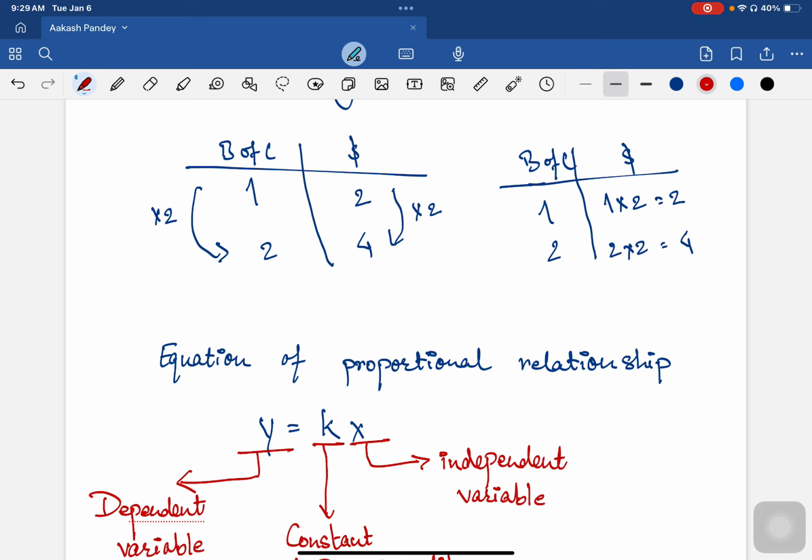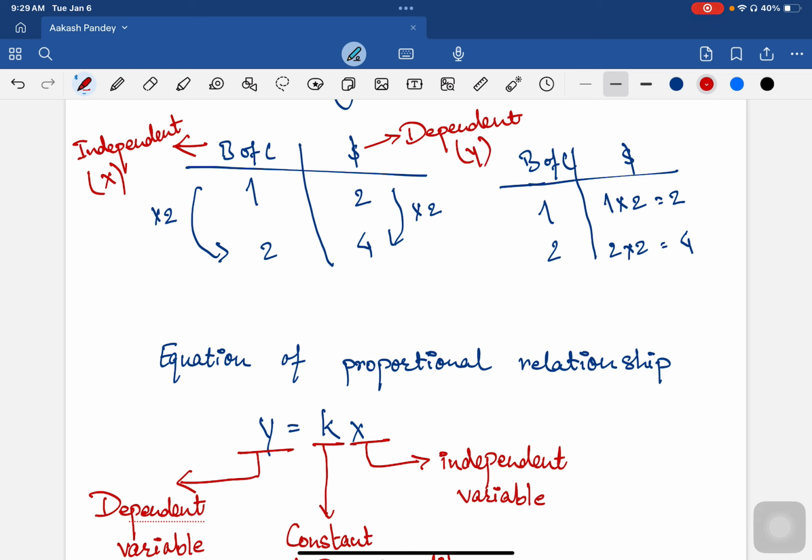But if you bought two bags of chips, you'll be paying more because you got more bags of chips. So here, price is your dependent and bags of chips is your independent variable, right? So bag of chips would be your x and total price would be your y.